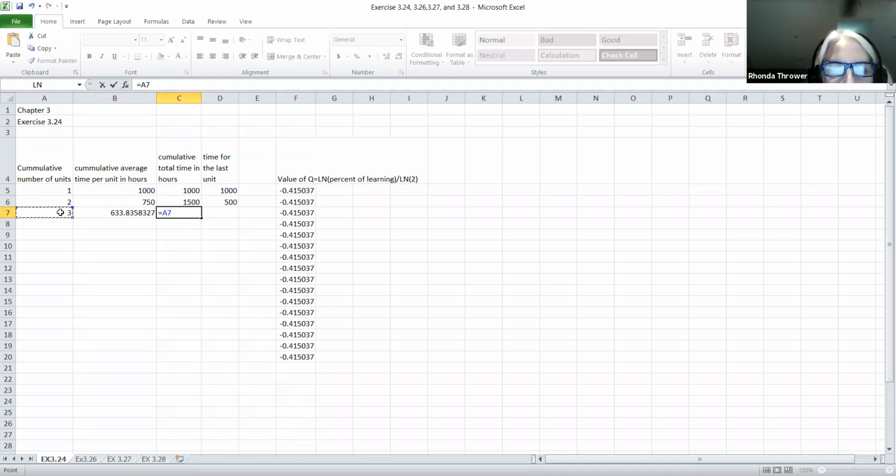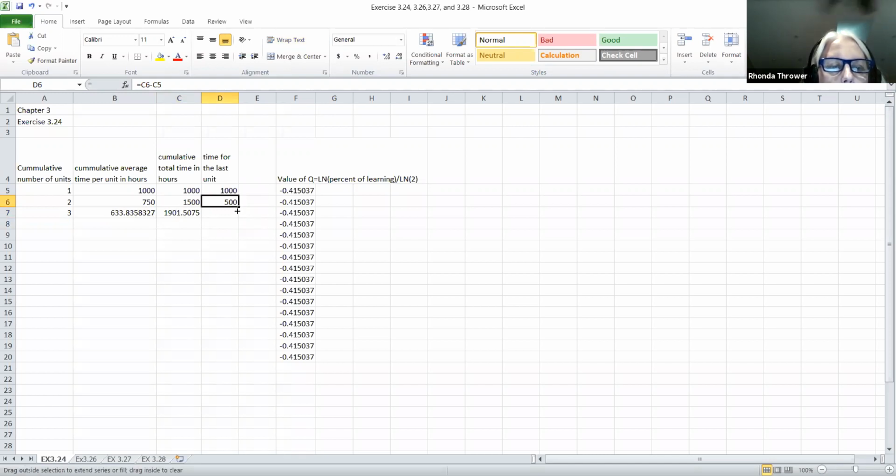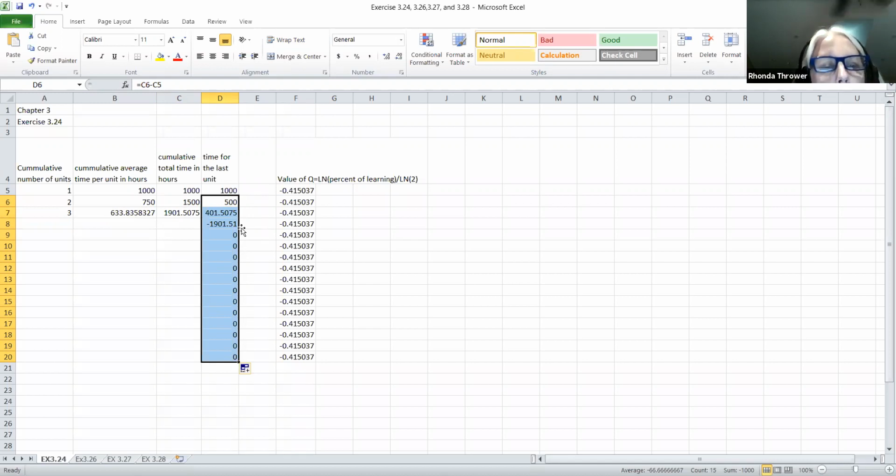I'm going to hit multiply, and then I'm going to click on this figure right here. And what it will do is give me the total cumulative time in hours. And then because I had put a formula in here, I can copy this all the way down, and it'll put in the amounts for me as we go through this.